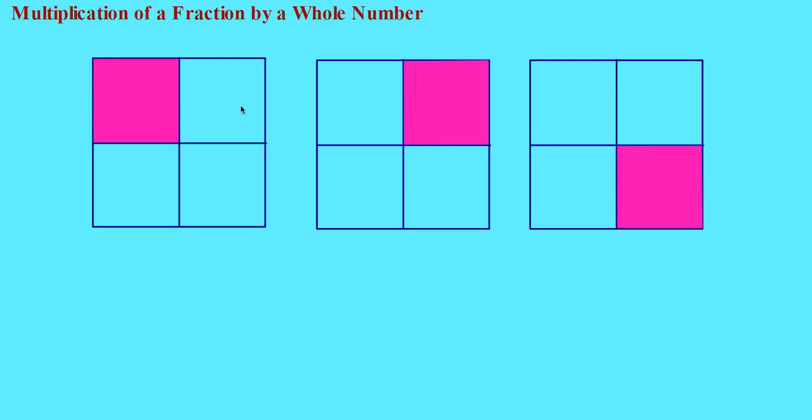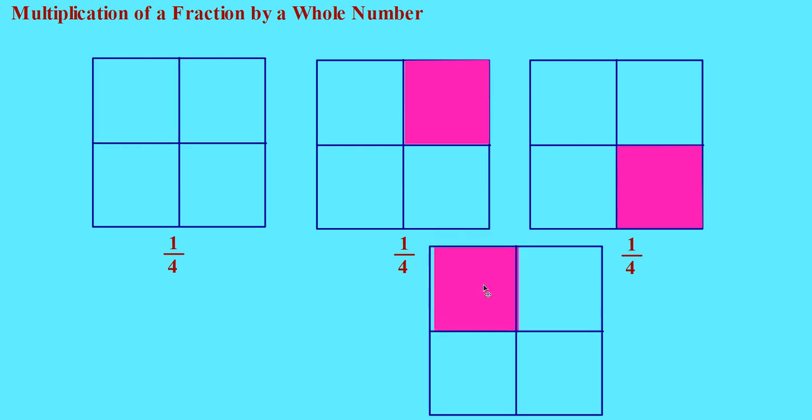Here, a square is divided into 4 parts and one part is shaded. What fraction of parts is shaded? Yes, it is 1 by 2. Sorry, 1 by 4. Now, altogether, how much portion is shaded?